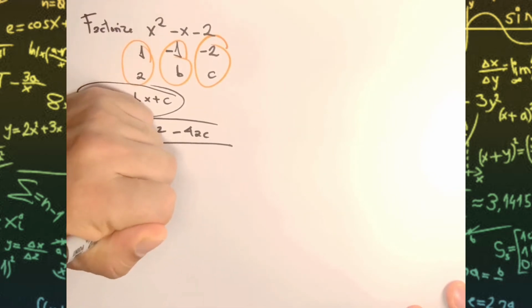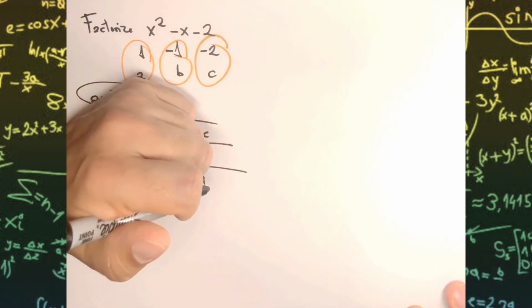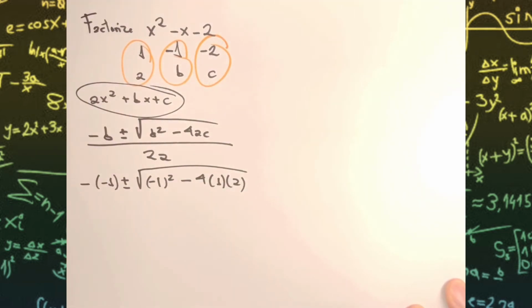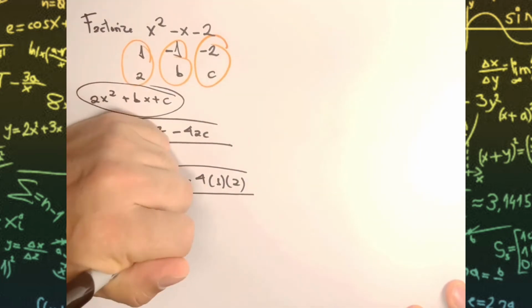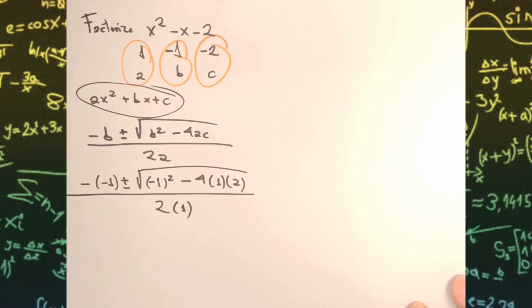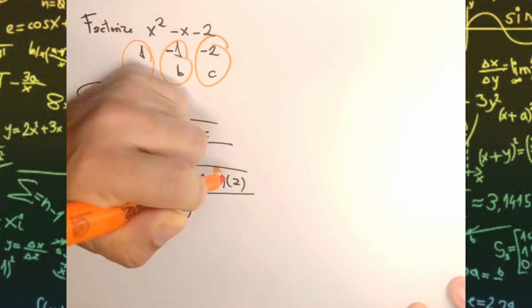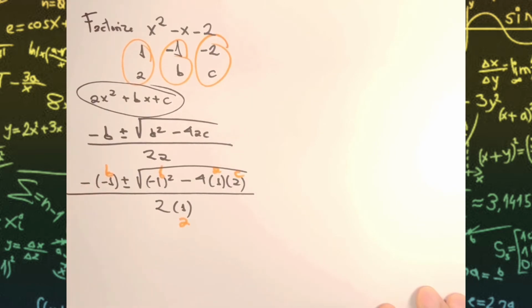Therefore, minus 1, which is b, plus minus square root of b squared minus 4 times a times c, which means 4 times 1 times -2, divided by 2 times a, which is 2 times 1. Here's b, here's b, here's a, here's c, and here's a. We just replaced the coefficients in the resolution of the quadratic formula.